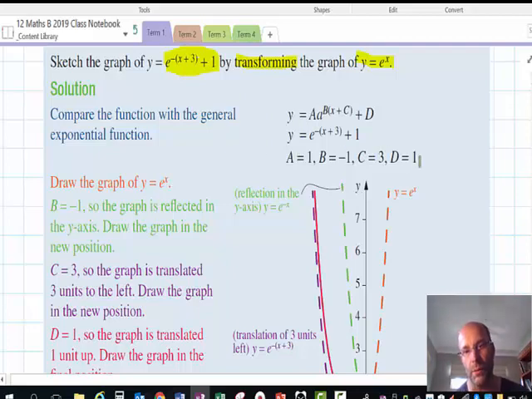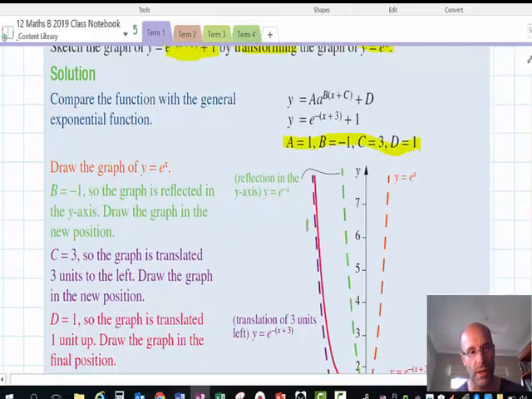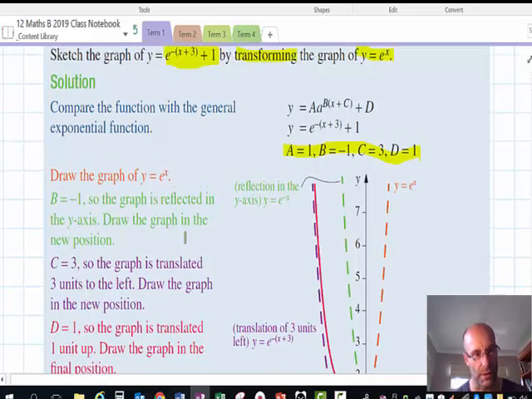If we have to transform e to the negative x plus 3 plus 1, we're essentially doing the same as the rest of the video, but including some justifications for going from the base e to the x to what you see there. So it's about the language you use and the justification. You can use all those previous steps plus include these as part of your justification.